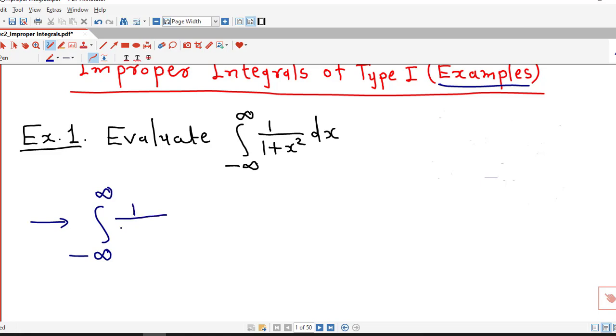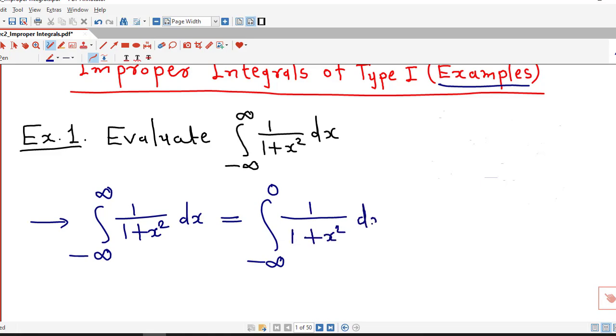Integral from minus infinity to infinity of 1 over 1 plus x square dx we write as the integral from minus infinity to 0 of 1 over 1 plus x square dx plus the integral from 0 to infinity of 1 over 1 plus x square dx.